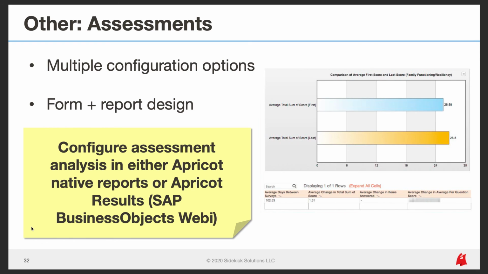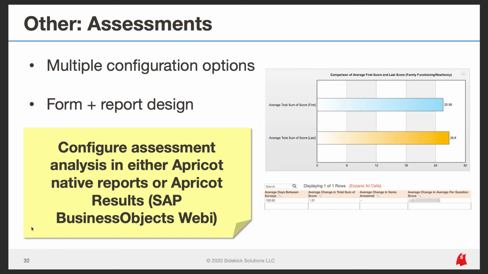The final quick-hit solution that you might consider around Apricot case management design is assessments, evaluations, and screenings. Now, we have a separate webinar on assessment scales and scoring. We'll link that webinar in this video's summary and notes, so you have an ability to watch that.